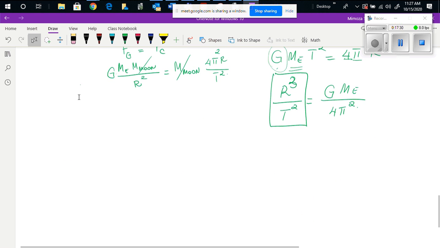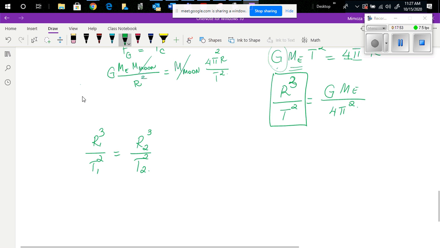So if you have, let's say, 2 satellites orbiting, let's suppose, the Earth, then R cubed over T squared for the first satellite is the same as R cubed over T squared for the second satellite, for the third, and so on.